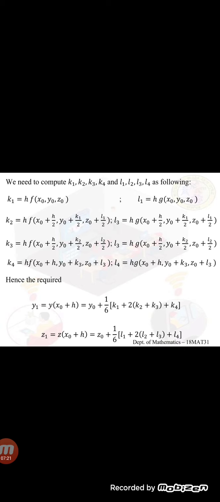And for z1, z of x0 plus h will be z0 plus 1 by 6 into L1 plus 2 times L2 plus L3 plus L4. This is the Runge-Kutta method of fourth order.